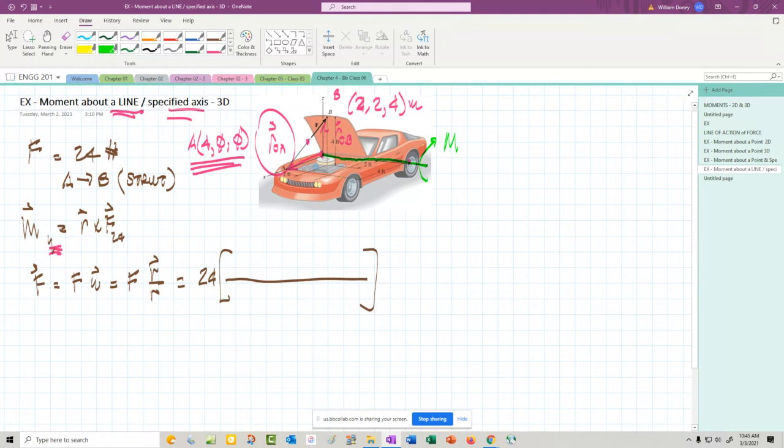So I need the position vector actually to go from the y-axis to the point on the line of action of the force. So I can use any point along the y-axis, but the origin is on the y-axis, so I'm going to use that. So when I build that position vector, 0 to A, I'm going to get 4, 0, 0.